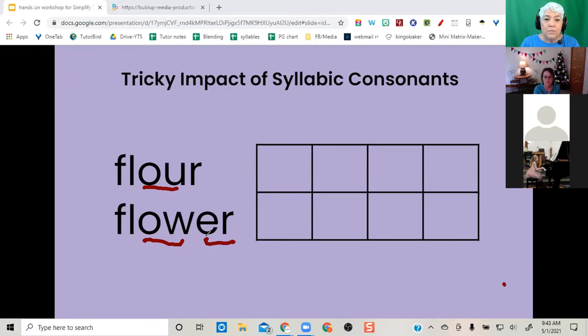Now, the fact that they are exact homophones, we say it exactly the same, flower and flower. One is 2 syllables, one is 1 syllable. Not important. The important thing is, can our students decode the words? And if we go to help them to spell the words, we would say, what are the sounds you hear?